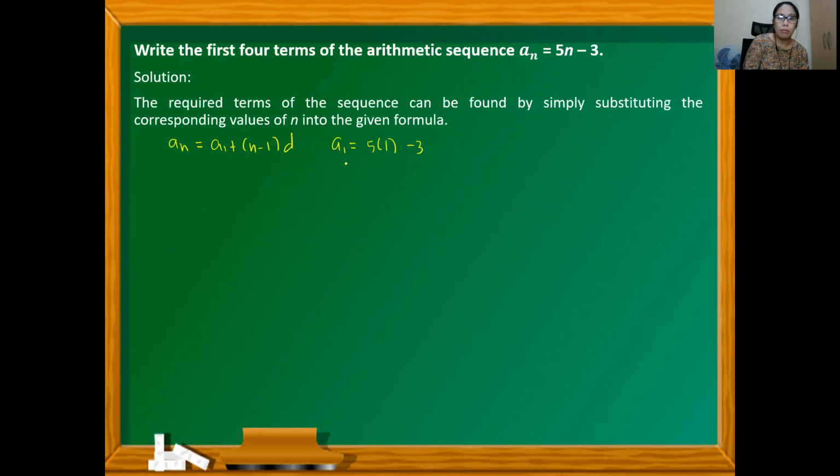So we have a sub 1 equals 5 minus 3, so we have 2.